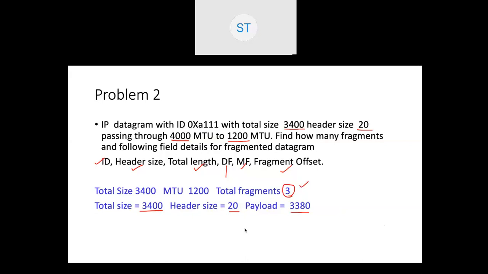After this, you won't solve it offline, but at the time of lecture you have some time so that you can solve it. No need of calculator, nothing is required. Very easy calculations. So make the table which contains header size, total length, ID, DF, MF and offset, and just put the values.